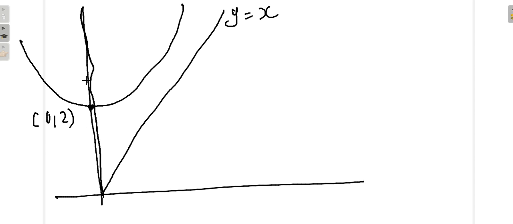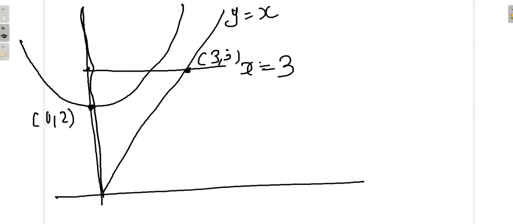Now since this is 0, 2, the curve at x equal to 3 will be somewhere over here. Obviously, since y is equal to x, this point will be 3, 3. Now we have to find the area between these regions. So this is the region that we are looking at. Mistake.